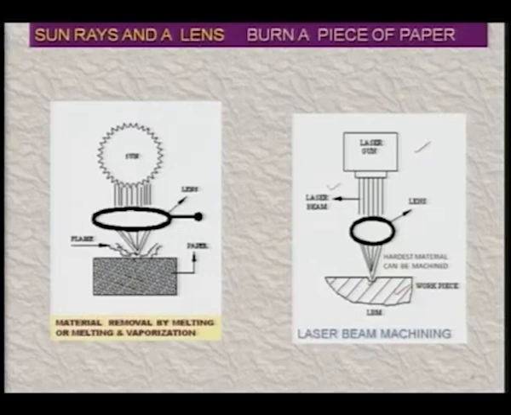So, this tells you in very brief the working principle of laser beam machining, that is, you are utilizing heat produced by the laser beam, and this heat is utilized for melting and vaporization of the workpiece material.